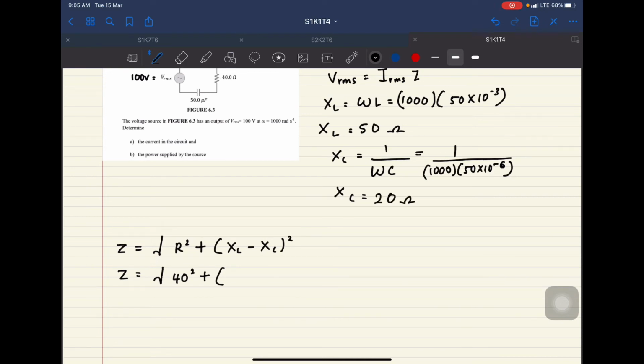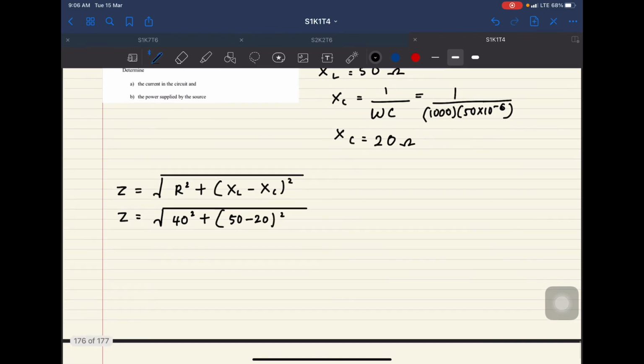Unit will be ohm. Okay, you substitute these two values inside this equation. So 50 minus 20 squared, so your Z will be 30 squared plus 40 squared, and you should get 50 ohm.